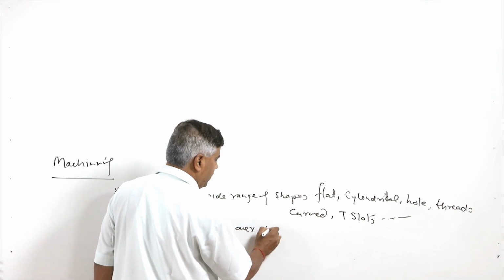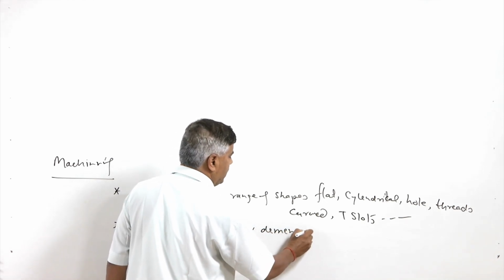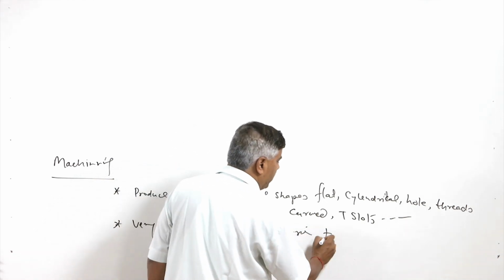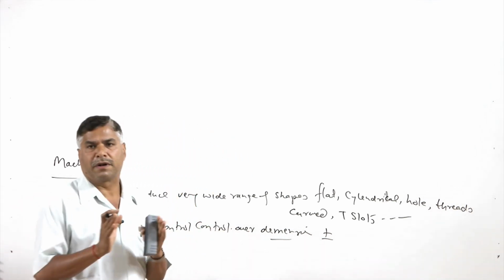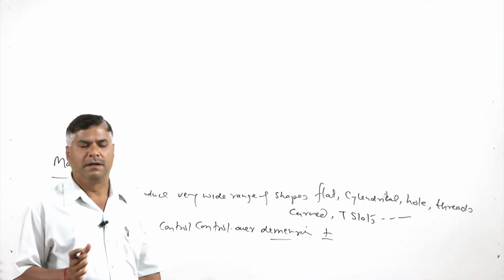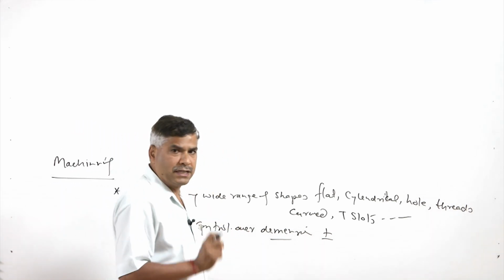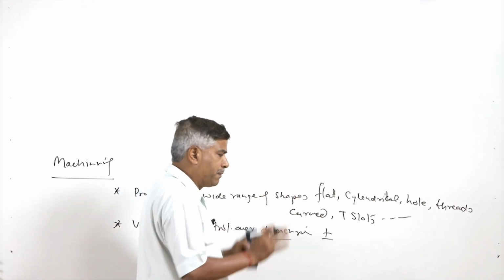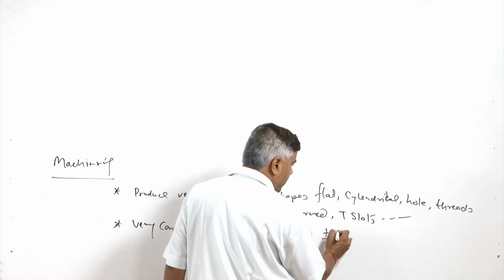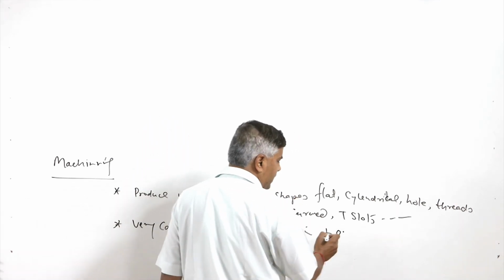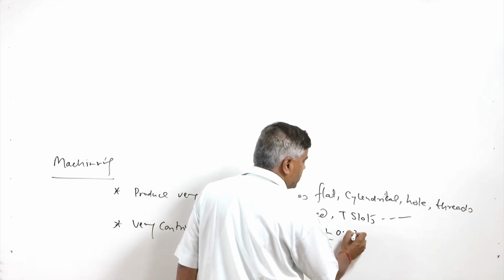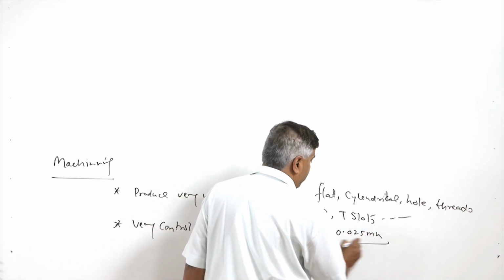Control over the dimensions can be realized using proper control over the process parameters like speed, feed, depth of cut, and proper machines, which can help us have the tolerance as low as 0.025 mm.